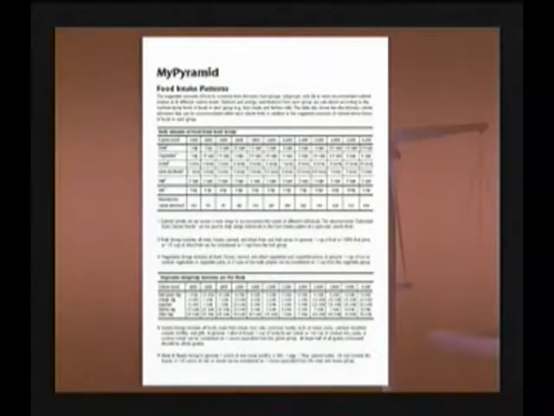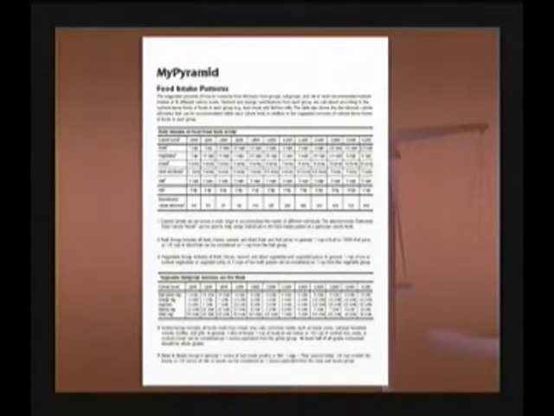So then I flip it over to the My Pyramid side, the front side, and I look at the table that says daily amount of food from each food group. Under there it has a calorie level row, and I find the 1,800 calories in that row. If I follow straight down, I can see that I need 1.5 cups of fruit, 2.5 cups of vegetables, 6 ounces of grain, and 5 ounces of meats.